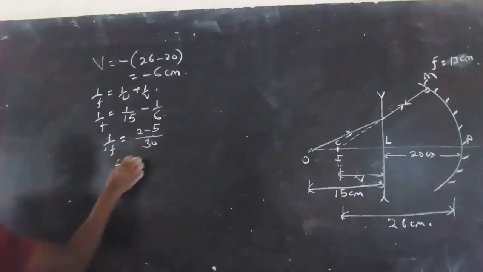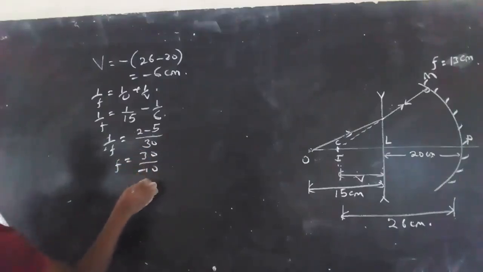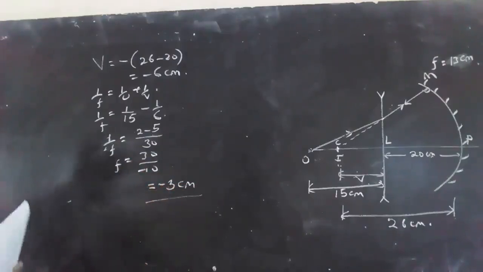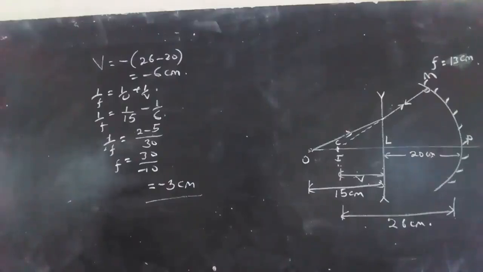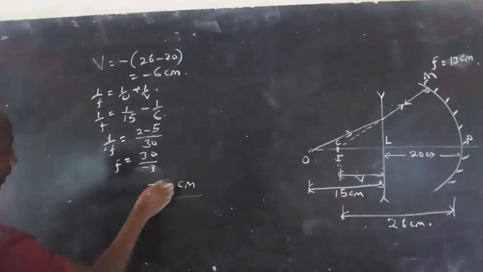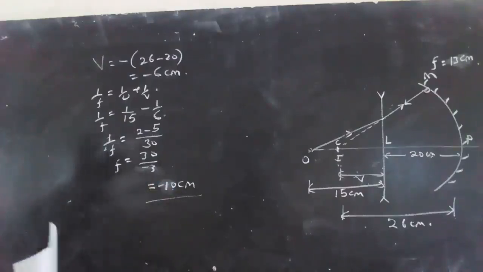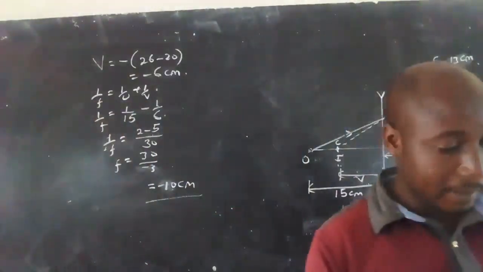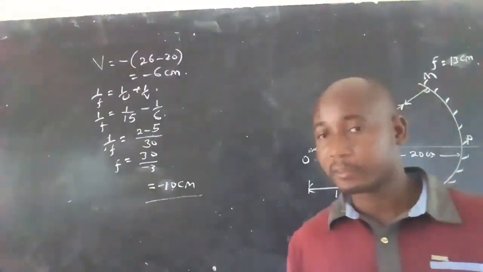So our F will become 30 over negative 10, which is negative 3? What is this? It's divided by negative 3. So our F becomes negative 10 centimeters.